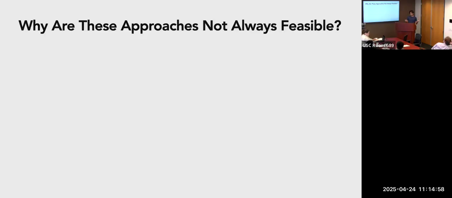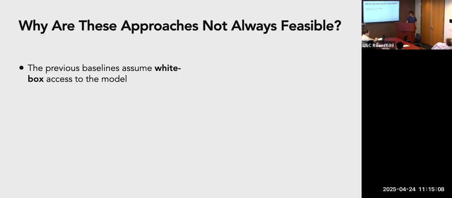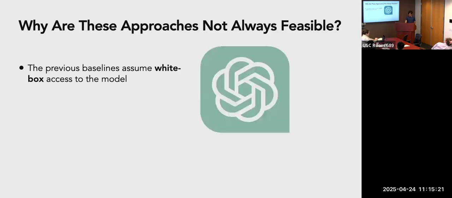Okay, so these sound like two or three very strong baselines, but why are they not always feasible? That is, what is the motivation for this work? If you notice, the previous baselines assume white box access to the model. We need to know the loss of the model on a sequence, or the probability distribution over the sequence.